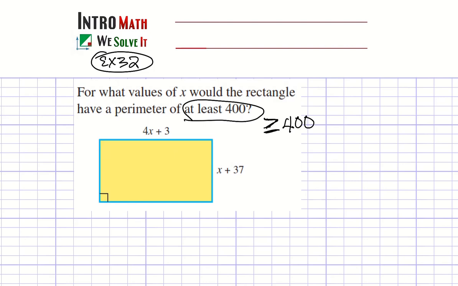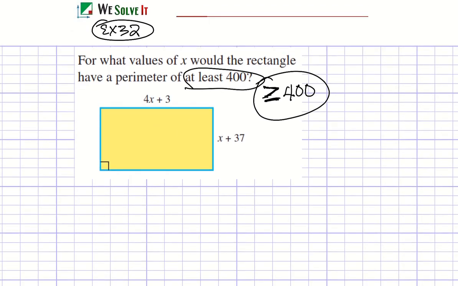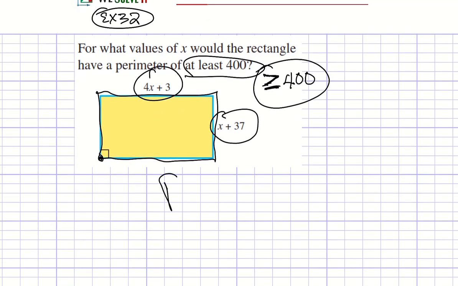That or greater. So what is the perimeter? The perimeter is you walk around that thing, right? If you start here, you go and come back. So obviously it's 2 of these and 2 of that.